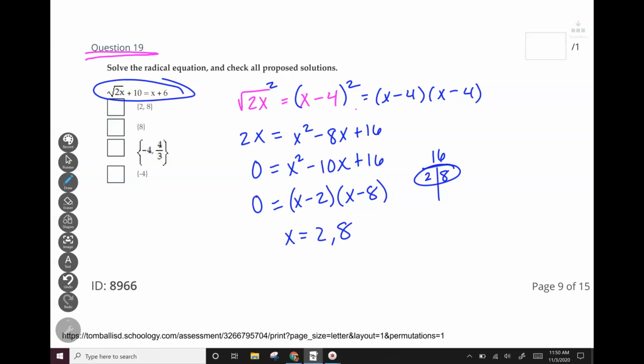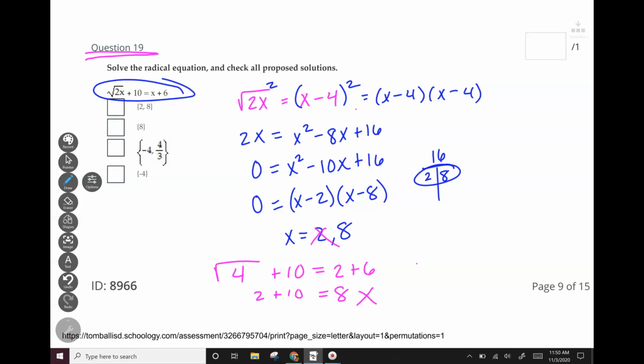So I'm just going to write this out for us here. So plugging in the 2, I've got the square root of 2 times 2, which is 4, plus 10 equals x plus 6, so 2 plus 6. So let's see what happens. The square root of 4 is 2, so 2 plus 10 on this side equals 8. Is 2 plus 10 8? No. So that solution does not work.